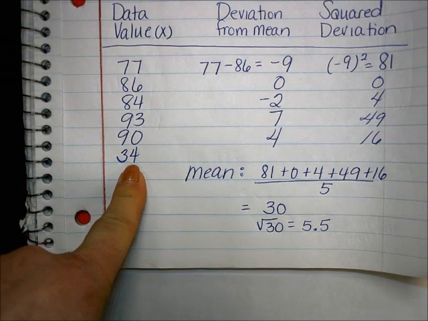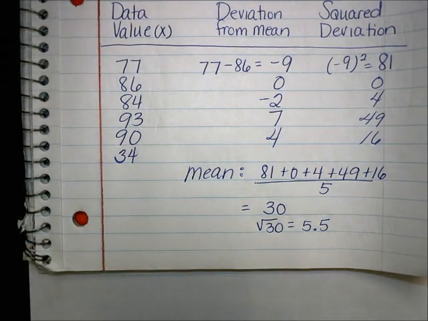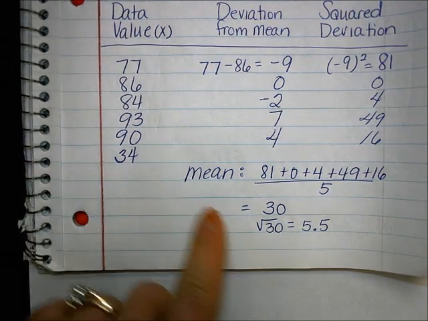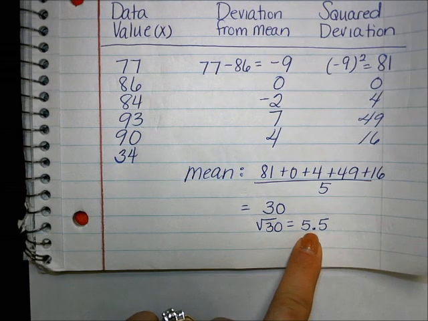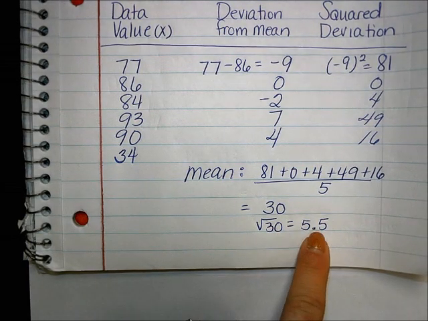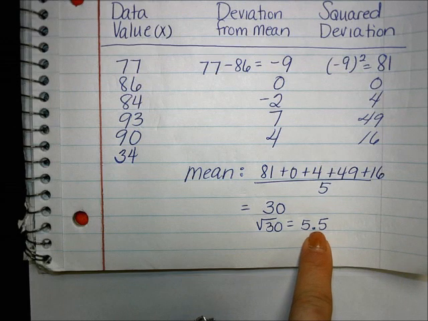Later in the module, we're going to learn how to actually calculate if it's an outlier or not, to prove it. But if I had to guess, I'd say that's an outlier. What is this outlier going to do to our standard deviation? This is telling me that they're pretty closely grouped, because on average, the numbers are only about 5.5 away from the mean.